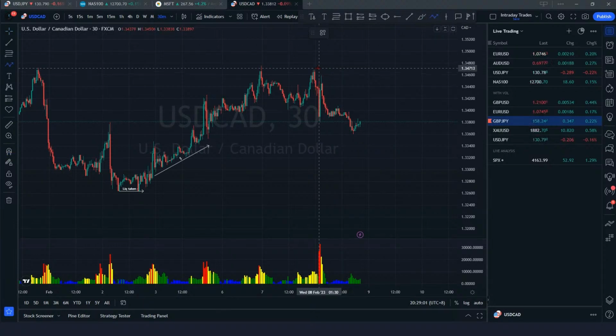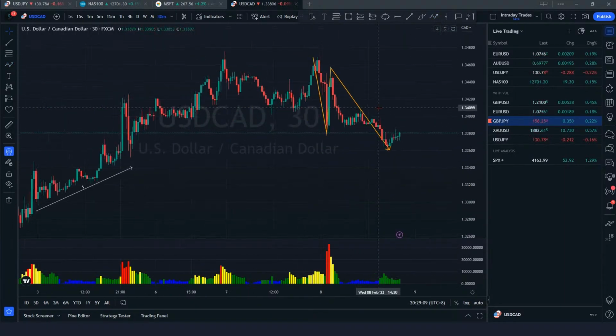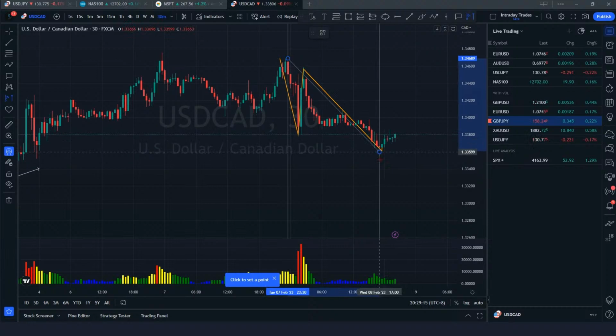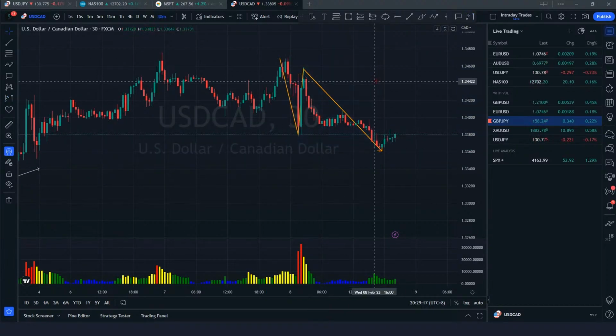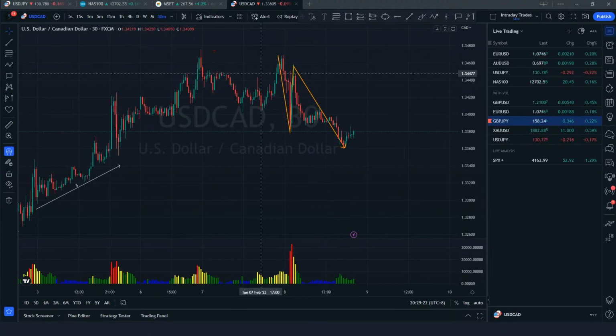And right now there should be news, right? So let me see the volume profile. Okay, we have consolidation here and we broke lower.